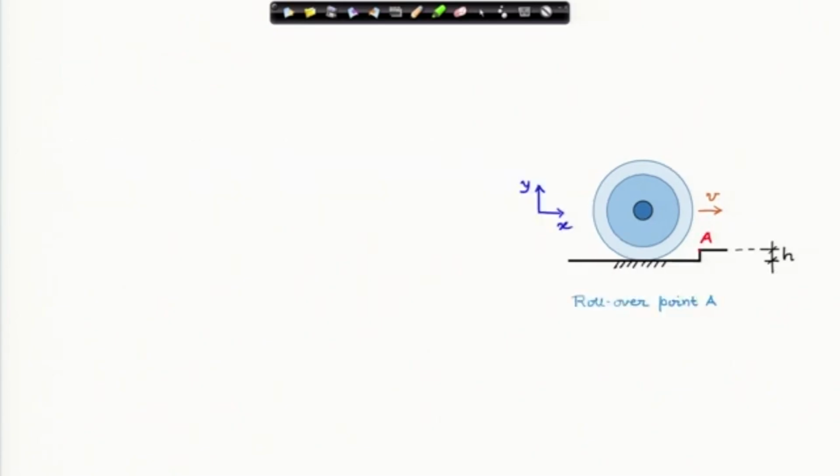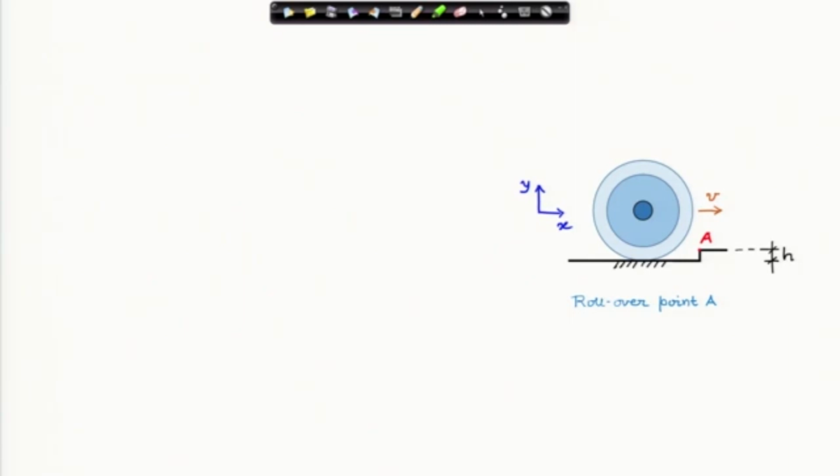We consider the system and this corner point A, and this point A is assumed to be the rollover point. Now, when the wheel hits this corner, there will of course be an impulsive force that acts at the corner on the wheel, at the contact point on the wheel.